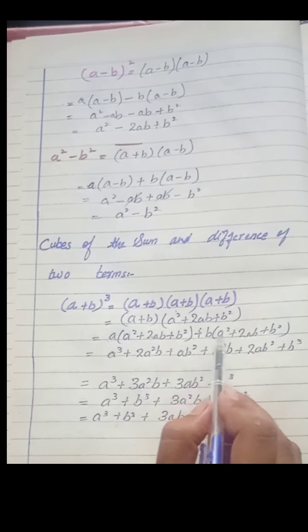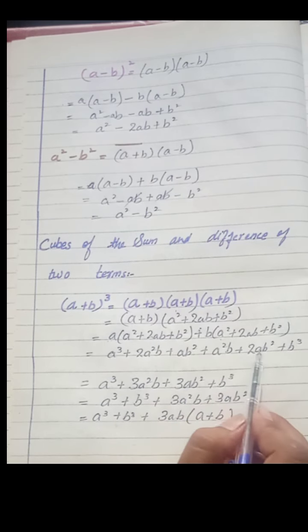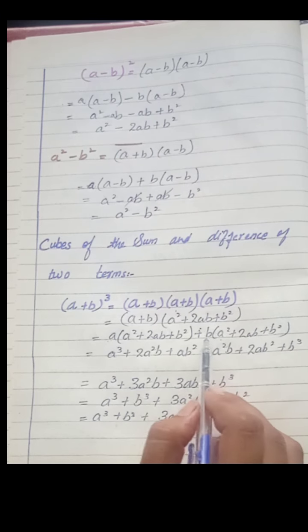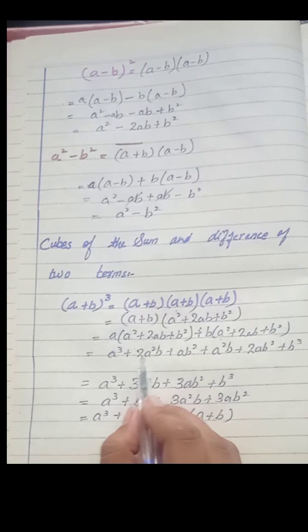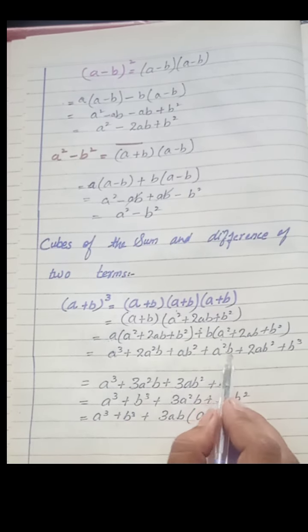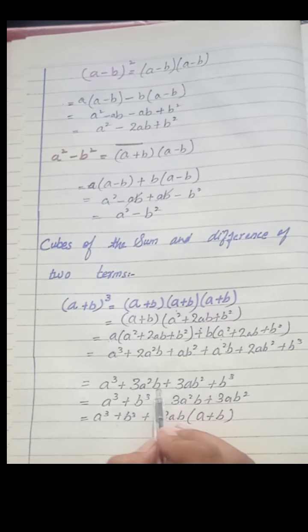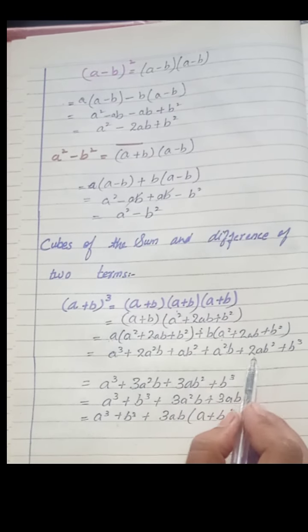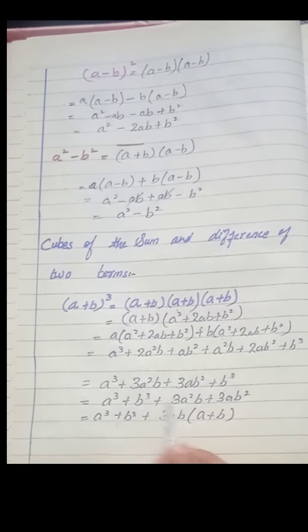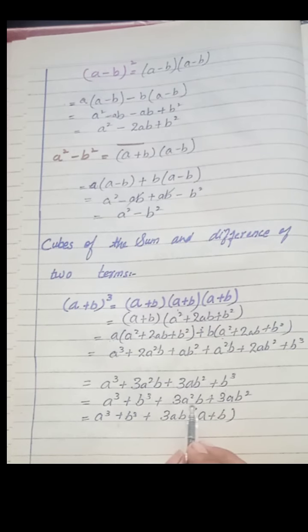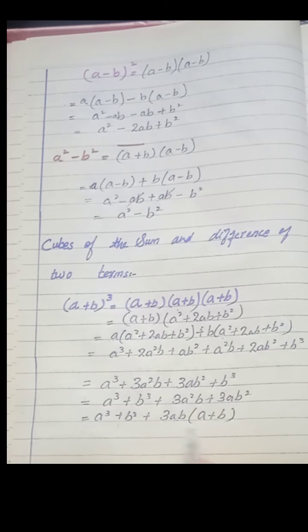Similarly plus b a square, plus 2a b square, plus b cube. So now if we solve, a cube, then 2a square b plus a square b, 2 plus 1 we have 3a square b. Similarly a b square plus 2a b square, we have 3a b square, then b cube. And if we take common from both 3a square b plus 3a b square, we have 3ab bracket a plus b. So we take 3ab as common.